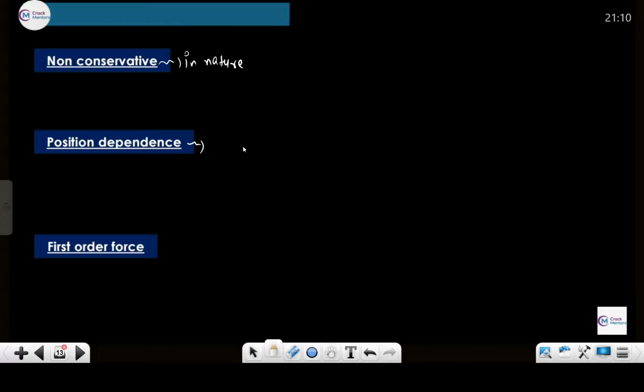Position dependence: basically, what I'm trying to convey with this point is that the force is dependent on the position of nucleons inside the nucleus.